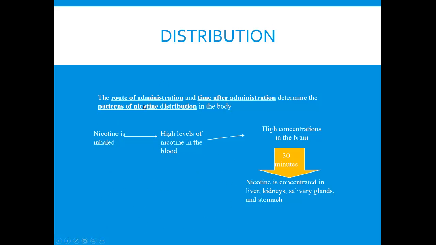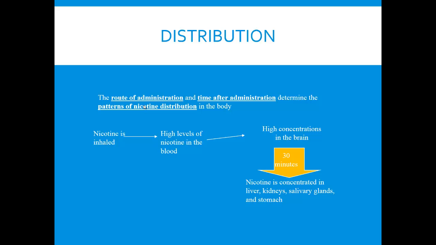The route of administration, whether it was a smoked cigarette, gum, patch, or nasal spray, and the time after administration when you measure it, are going to determine the patterns of nicotine distribution in the body. So again, how you administer and when you decide to measure it are going to be the things that determine the patterns of nicotine distribution in the body.